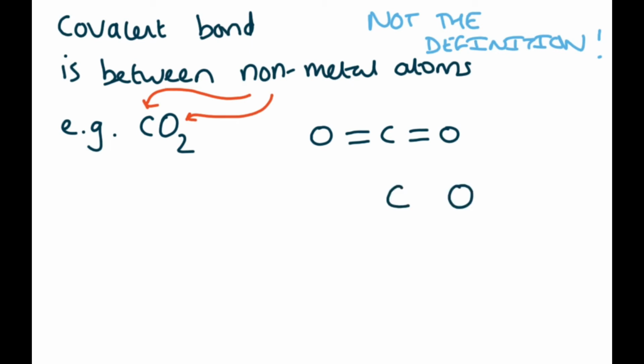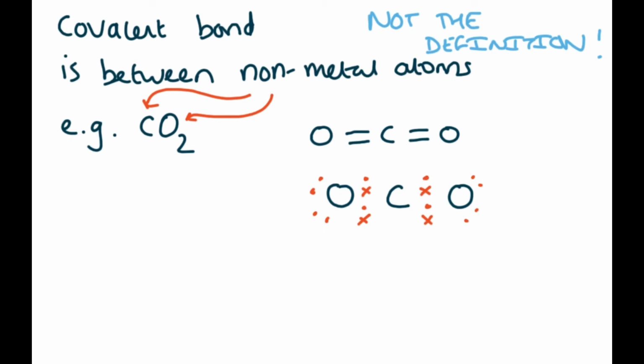So when we're drawing the dot and cross diagrams, it's a shared pair of electrons. So you've got a dot and a cross, and a dot and a cross, a double covalent bond. And the same on the other side with the other oxygen atom. Oxygen has got 6 electrons in total, 6 dots, so you need to put in another 4 dots and another 4 dots.